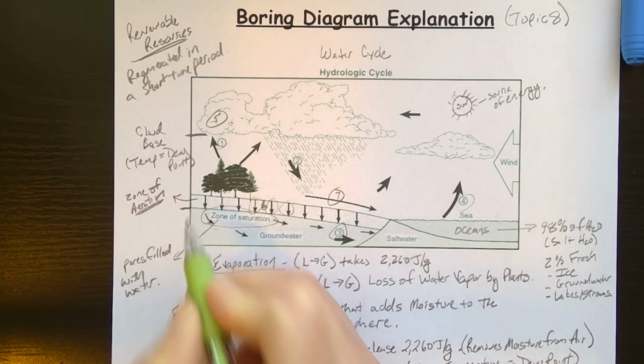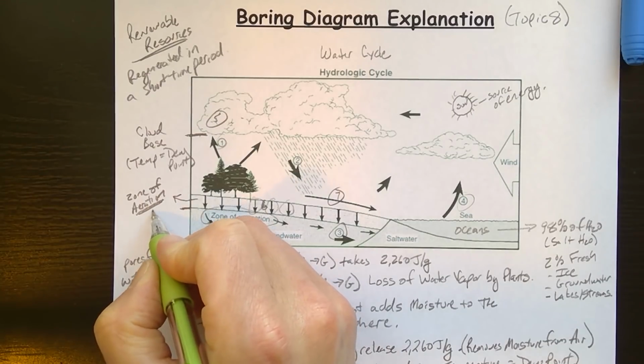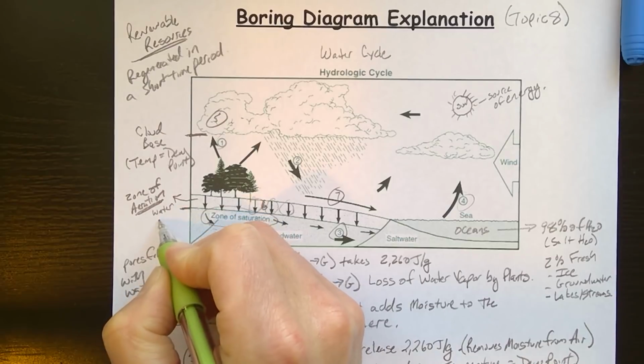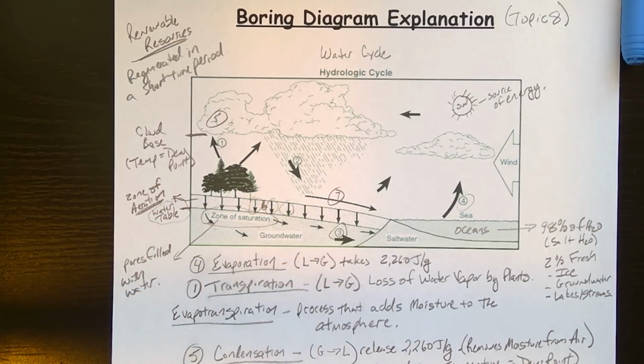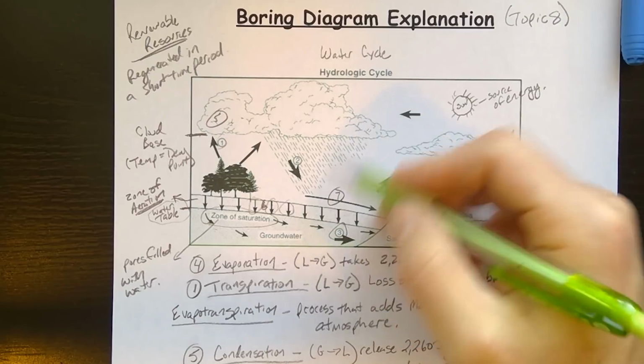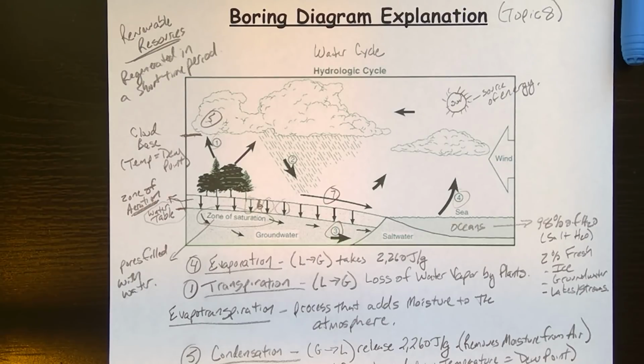The boundary between the zone of aeration and the zone of saturation, that top, is referred to as the water table. Movements or changes in the depth of the water table really depend on the amount of evaporation that occurs. It also depends on the amount of infiltration that happens in an area.